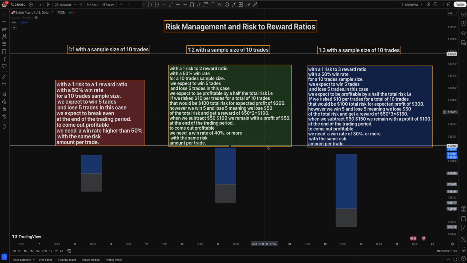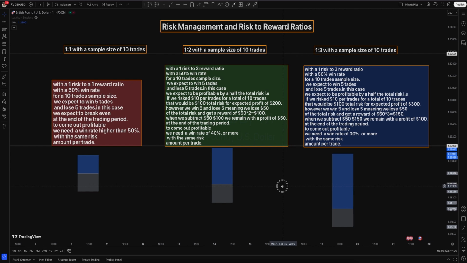But the 4 trades you've won, multiply them by 2, which means $40 times 2 will be $80 minus the $60 that you've lost. You will still have a profit of $20 just with a strategy that has a 40% win rate. You can see how risk to reward ratios can make you profitable, can help you with your edge in trading.